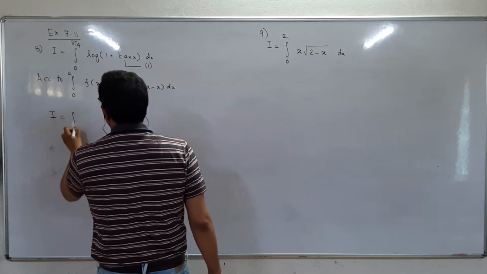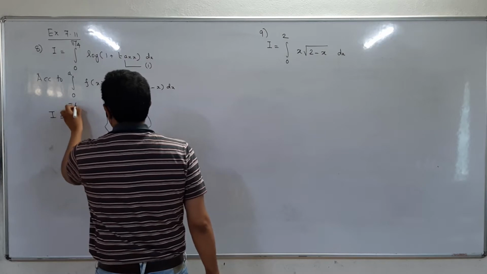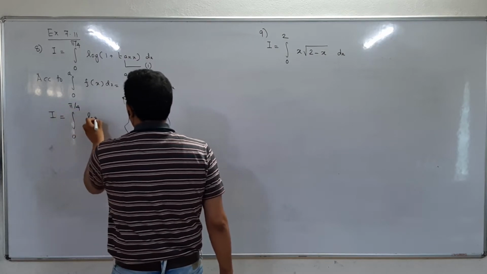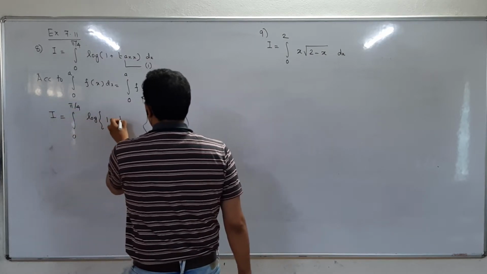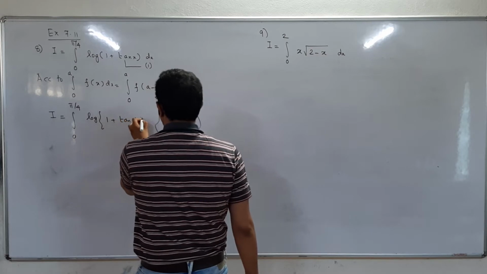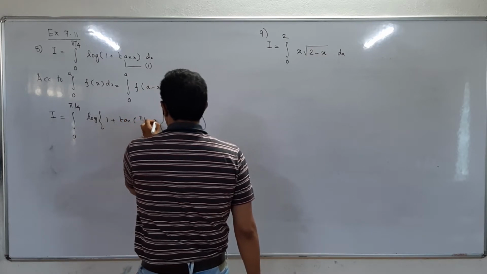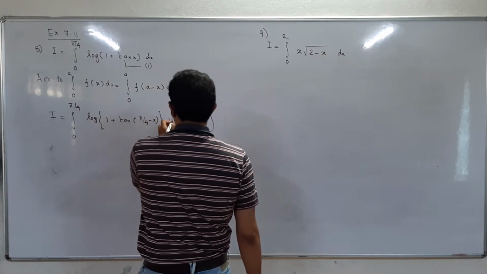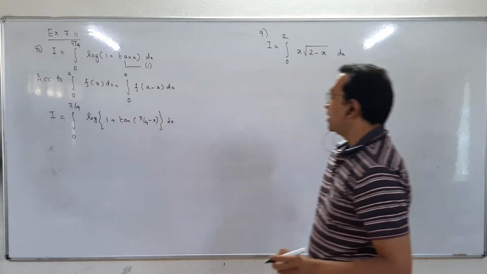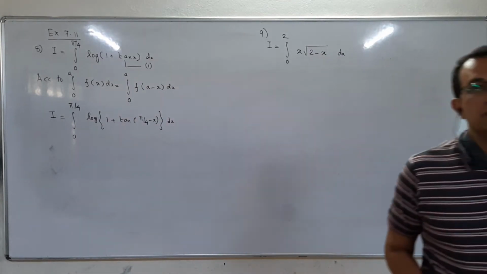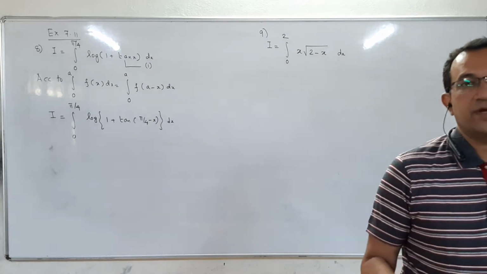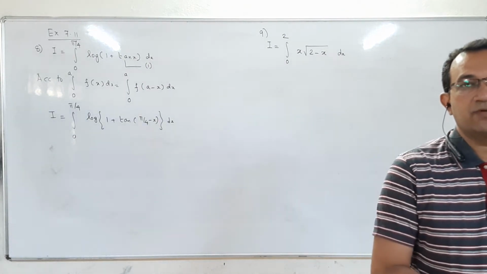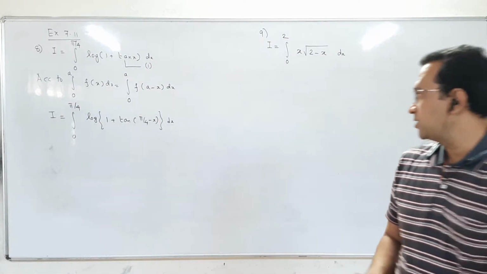After applying the property, we get this as log of 1 plus tan of (pi by 4 minus x) dx. Now students, you know the basic formula: tan of (x minus y) is tan x minus tan y upon 1 plus tan x tan y.